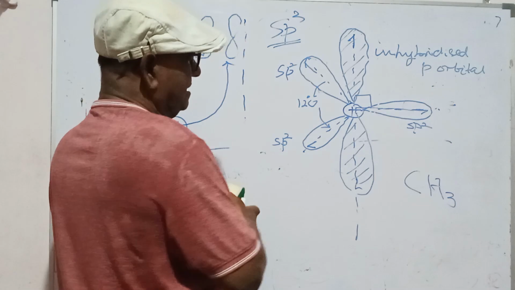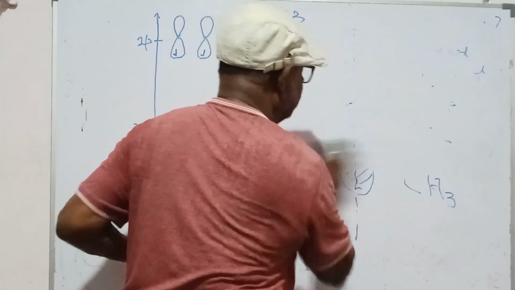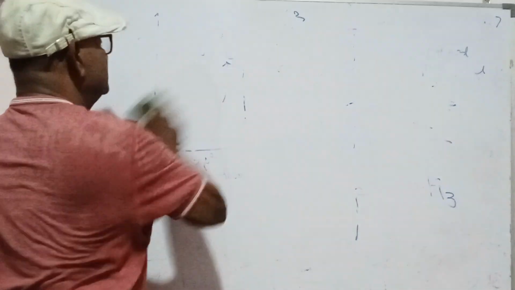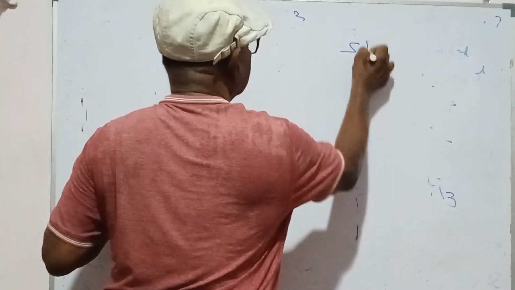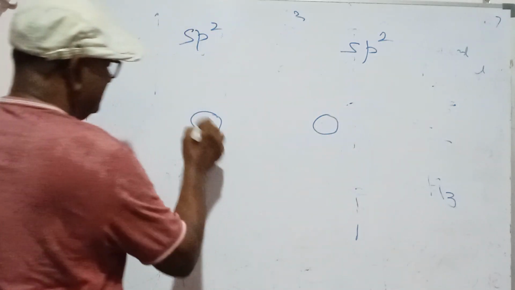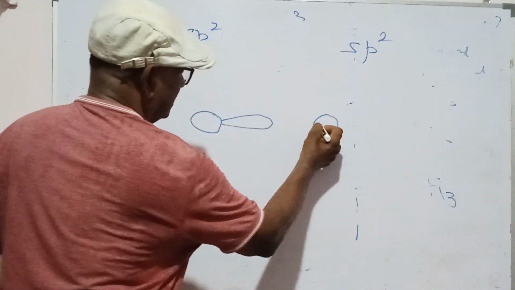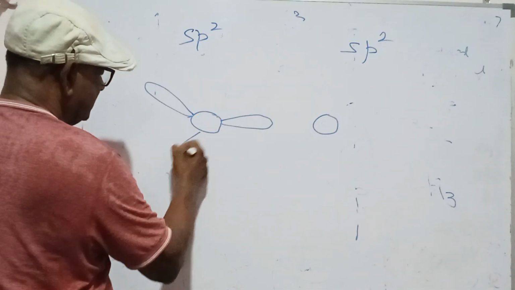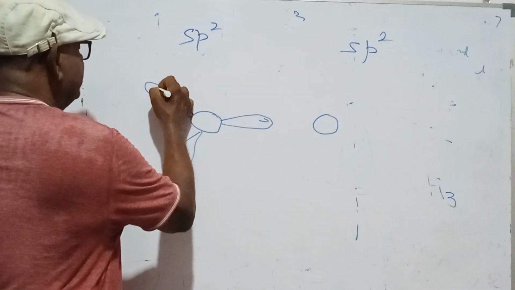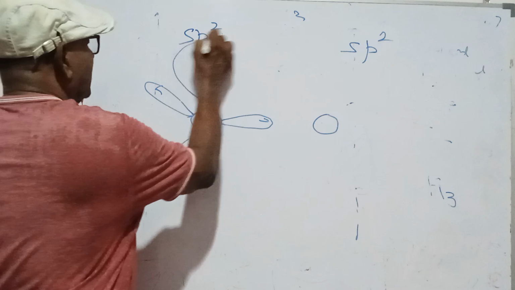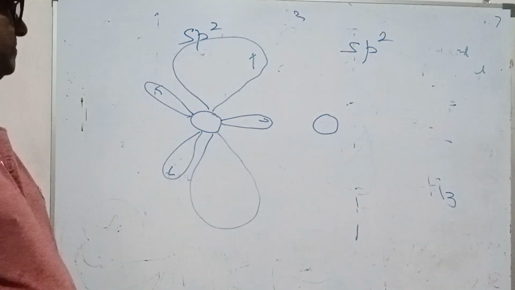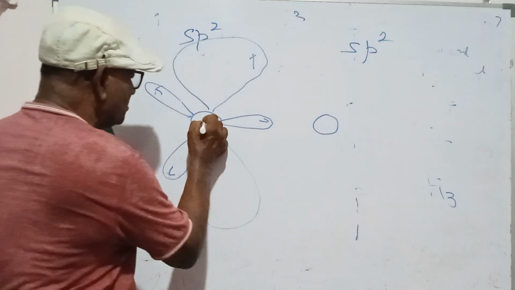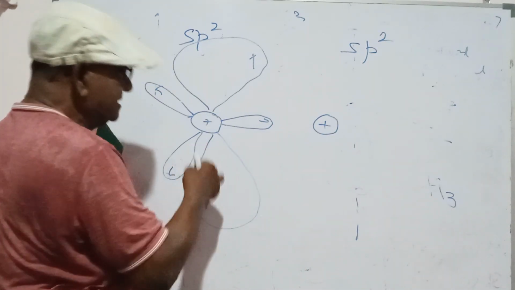Then, how does it happen? See here, if there are two carbon atoms, both are sp2 hybridized carbon atoms. This is one carbon atom, this is the other one. This one also has orbitals like these three orbitals which are sp2 hybridized. This is the unhybridized p orbital, electron cloud. This is the electron. The other carbon atom also has that arrangement.